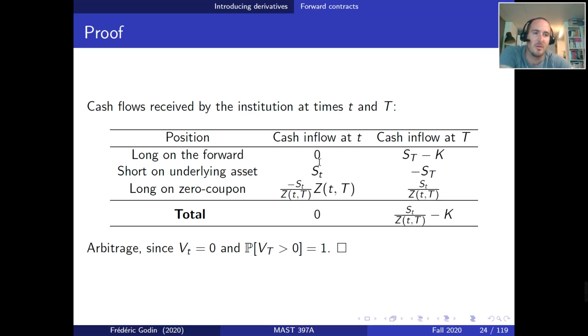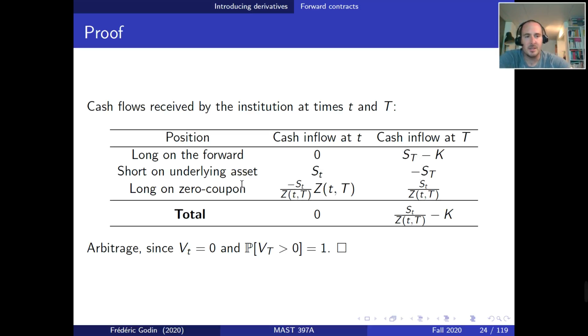Then at the maturity capital T, the long position receives the underlying asset, worth S capital T, and pays the strike price, K dollars, so its cash flow is S capital T minus K.